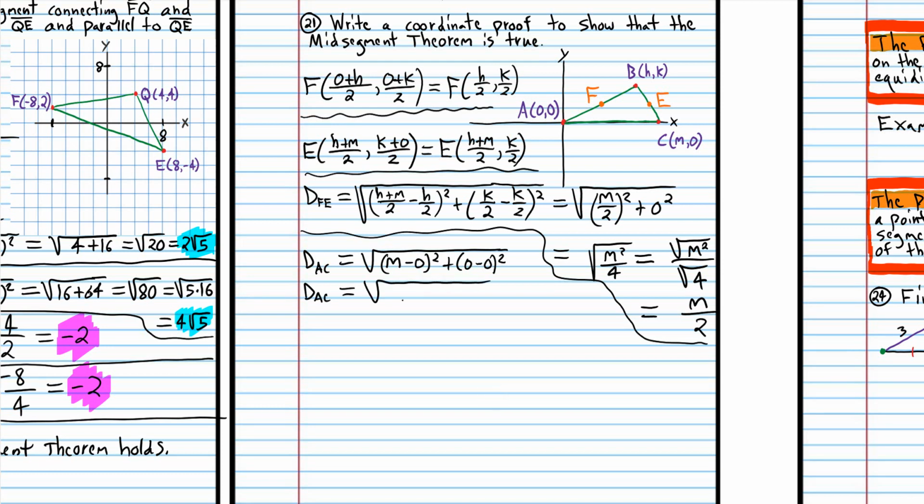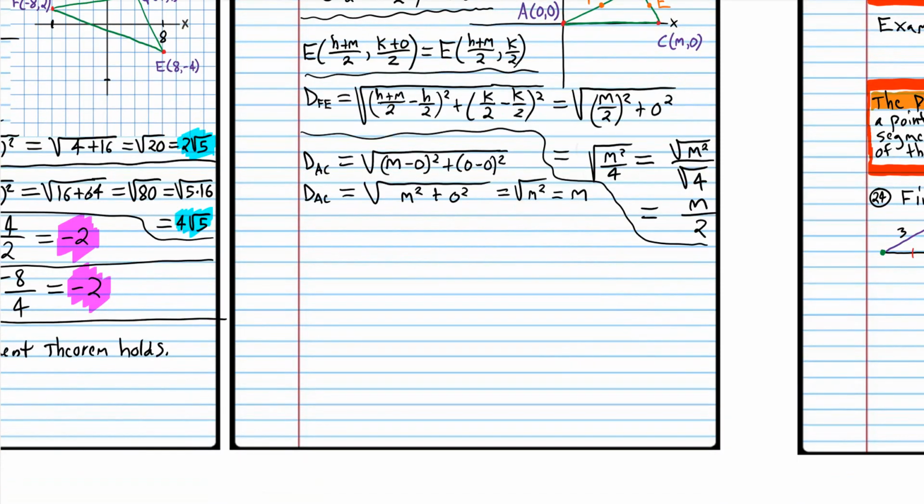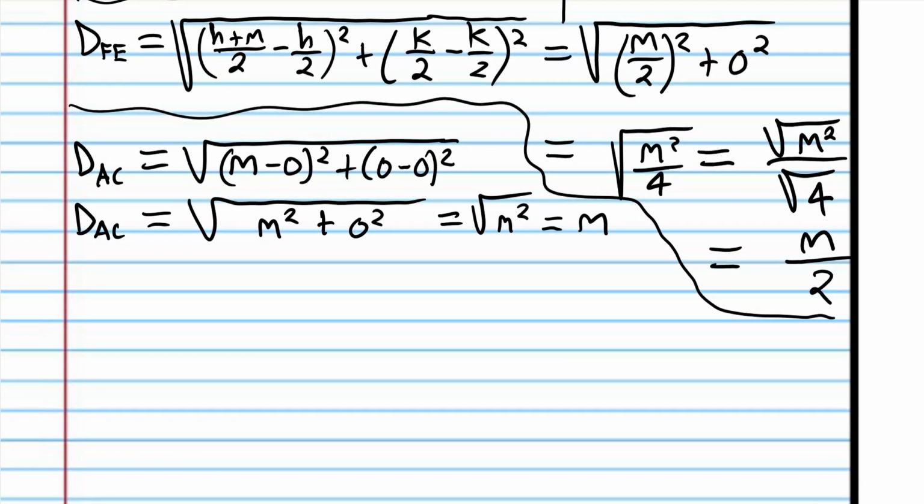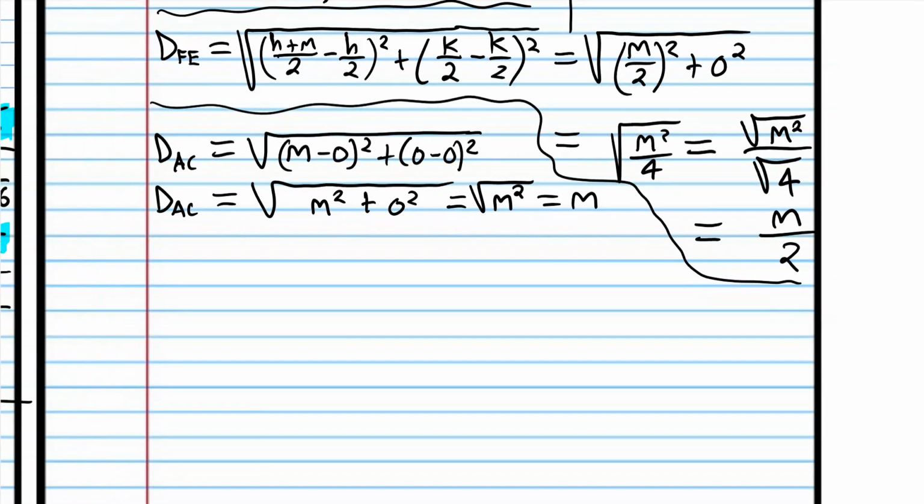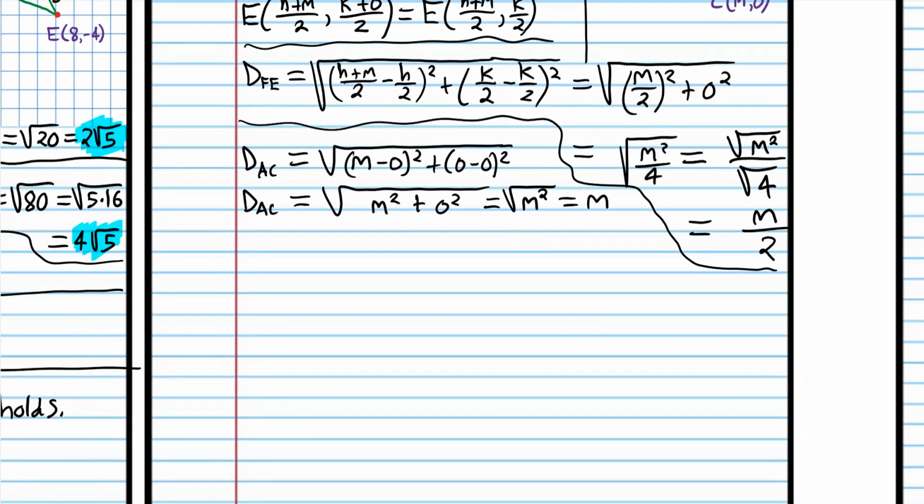M minus 0 is just m, and 0 minus 0 is 0. So we have the root of m squared, which simplifies to m. Do you see why that is? Root m squared simplifies to m because rooting is the opposite of squaring, so you just end up with m. We talked about that in the previous distance formula.